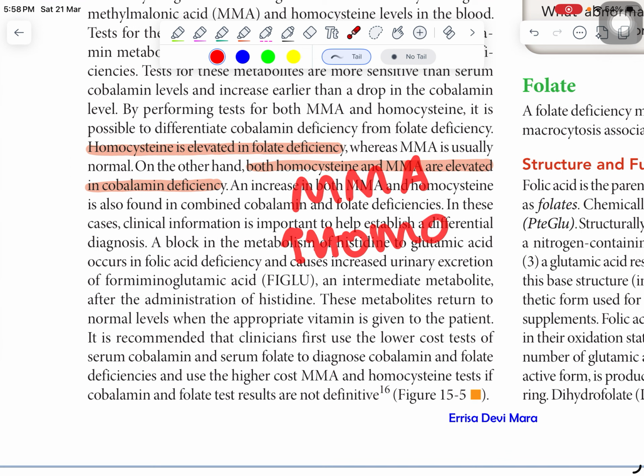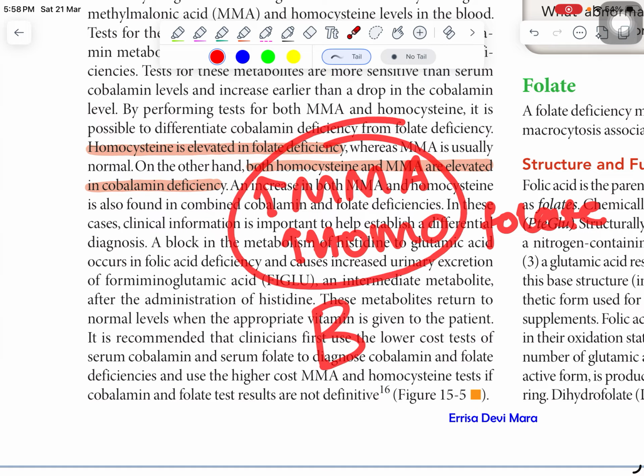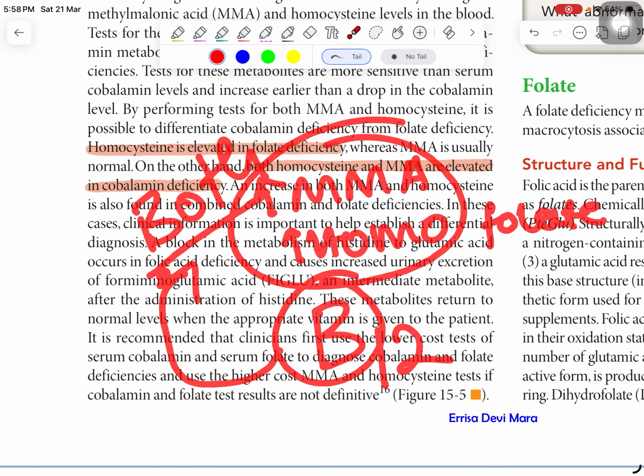If homo is increased, then it is folate deficiency. If MMA and homo both are increased, B for both. You remember, B for both, F for first.